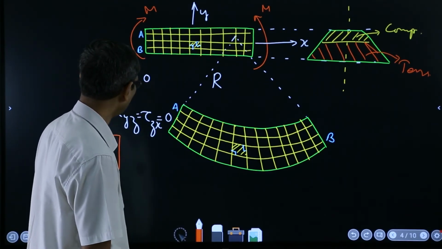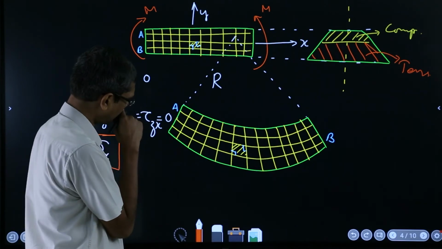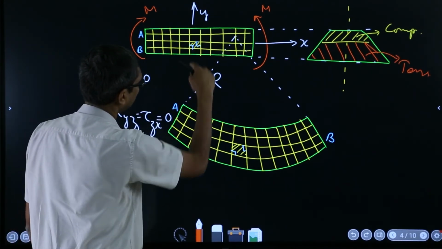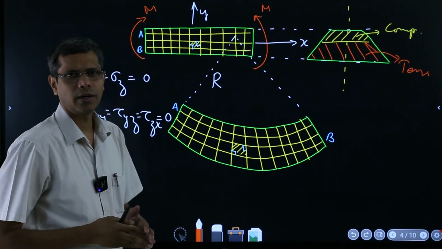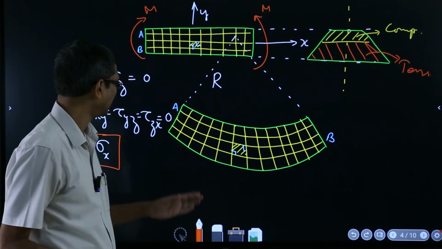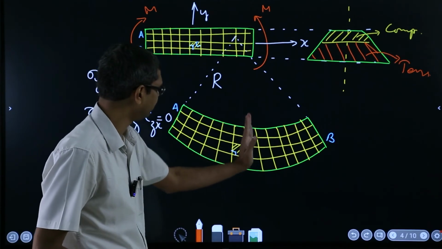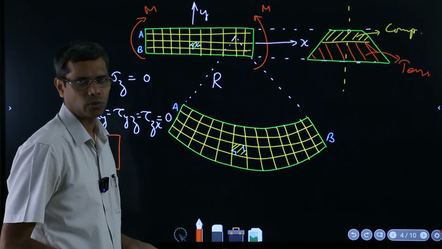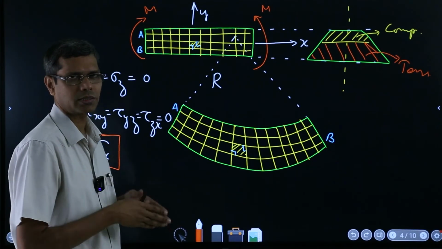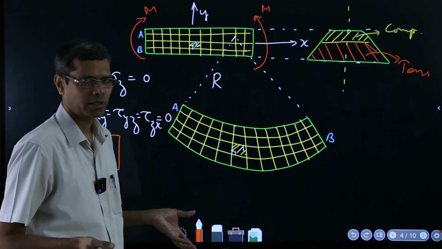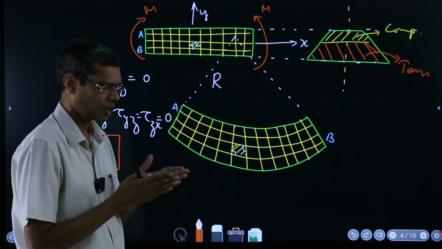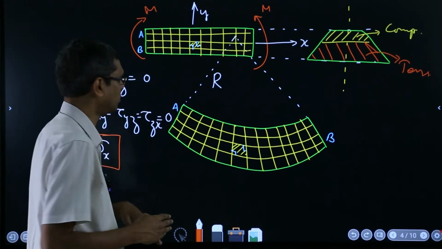And yeah, one more thing is that, see, all these planes which were planar before you applied the load remain planes only after you apply the load. Okay, that means planar sections remain planar after you apply the load, they just become rotated with respect to their original position.